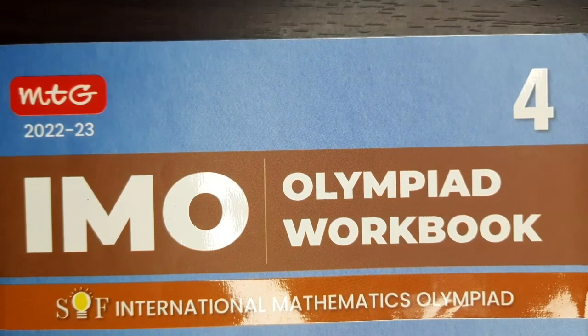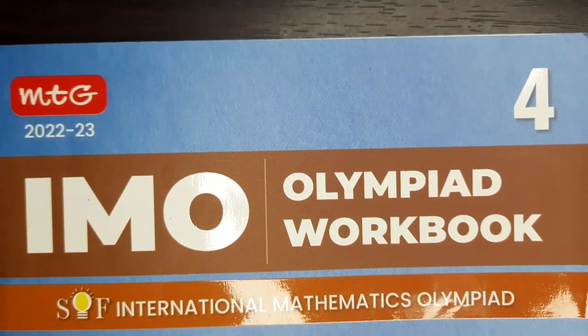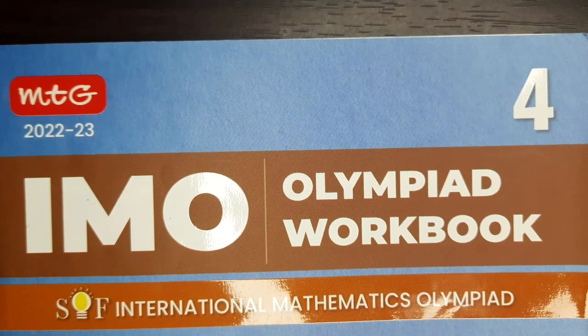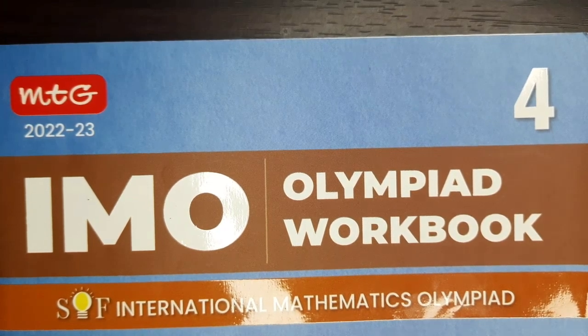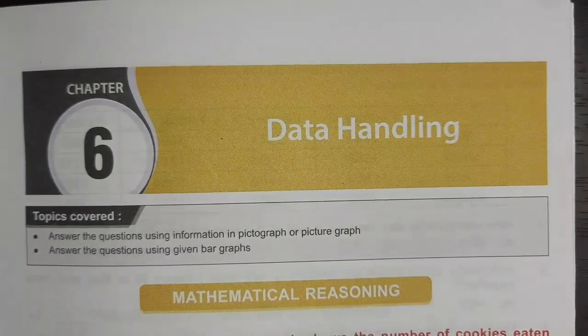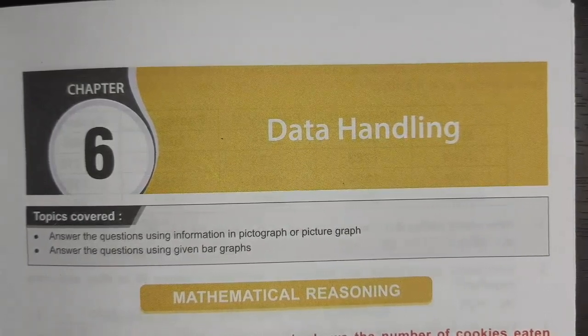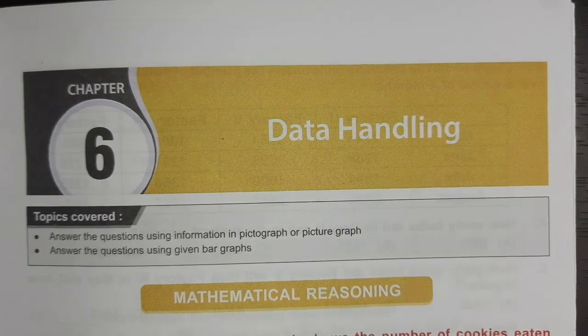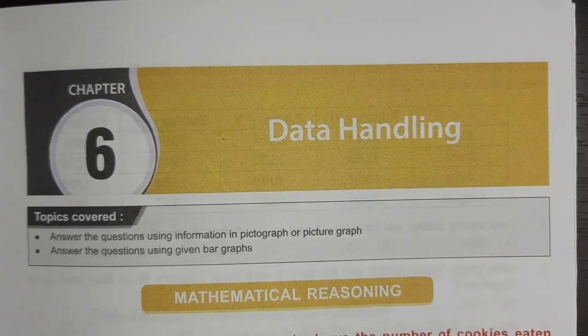Today we will be discussing IMO International Mathematics Olympiad Class 4, Chapter 6 Data Handling. Various topics which will be covered as a part of this chapter are: answer the questions using information in pictograph or picture graph, and answer the questions using given bar graphs.